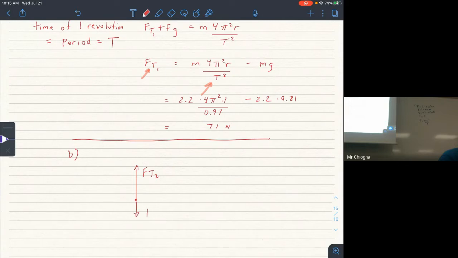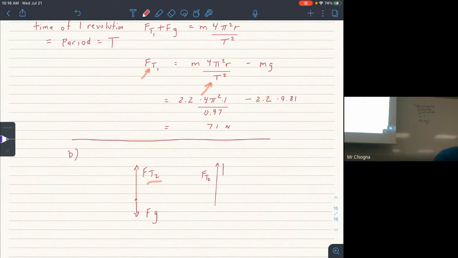With a smaller FG, FT2 has to be bigger, so that you get a net force towards the center. FT2 has to be bigger.